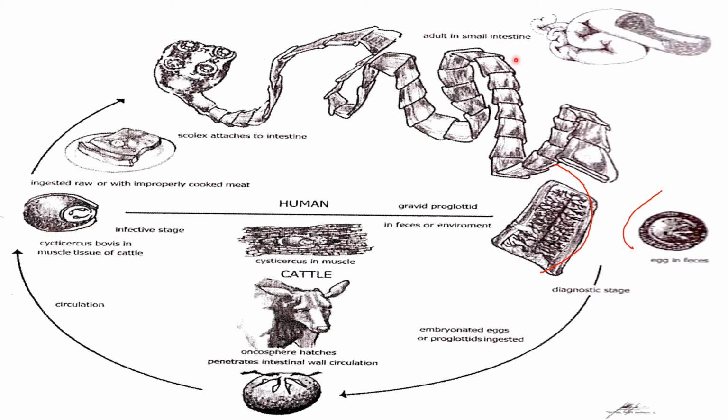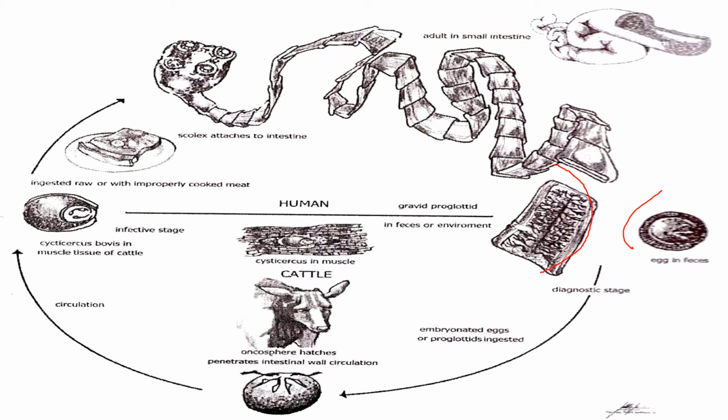Okay, so after it is released and develops into Cysticercus bovis in the intermediate host, which is cattle, humans are infected by ingesting encysted larvae from raw or uncooked infected beef.